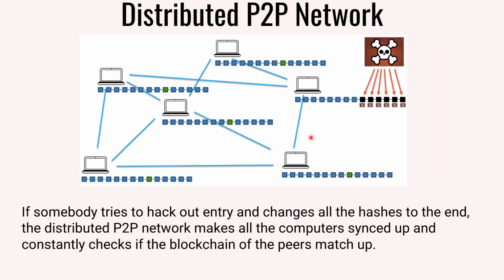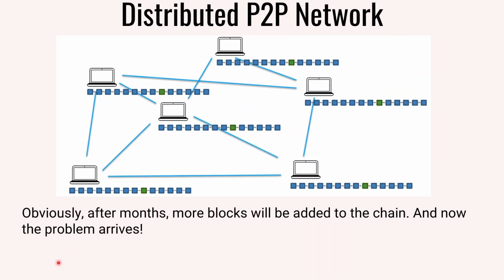What is the problem? The problem is, let's think that there is a hacker, and this hacker wants to tamper the data of this block, and he has successfully tampered the data of this block. And as we know earlier, it is not sufficient to only tamper the data of this block.